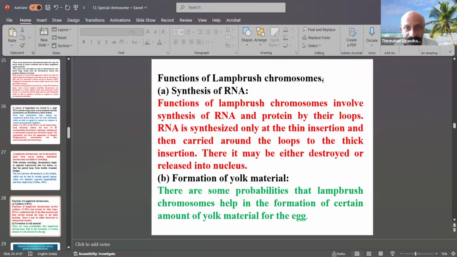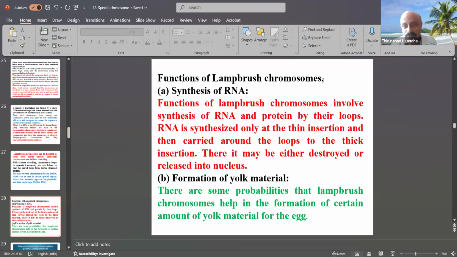What are the functions of the lampbrush chromosomes? The lampbrush chromosomes are important for the synthesis of RNA. The function of lampbrush chromosomes involves the synthesis of RNA and protein by their loops, and every loop extends to either side of a single axis.